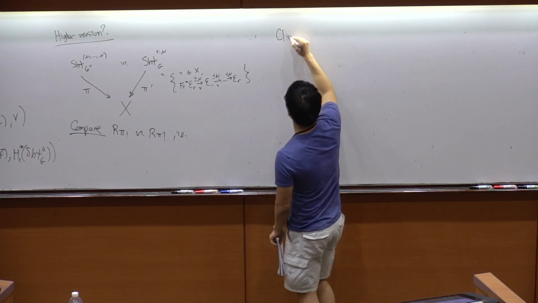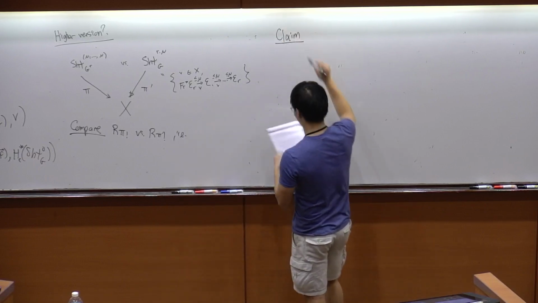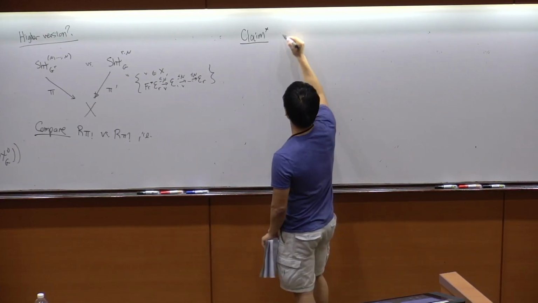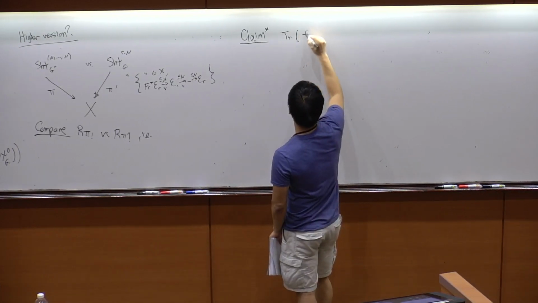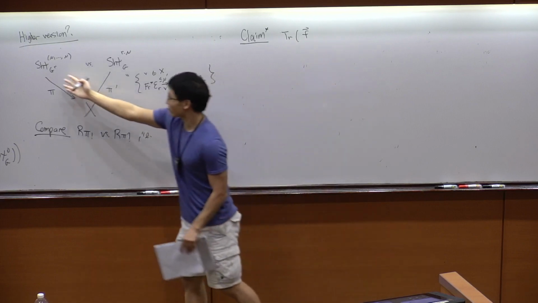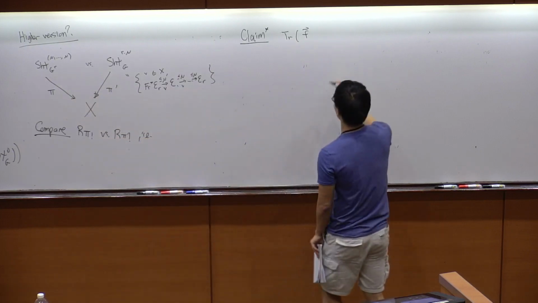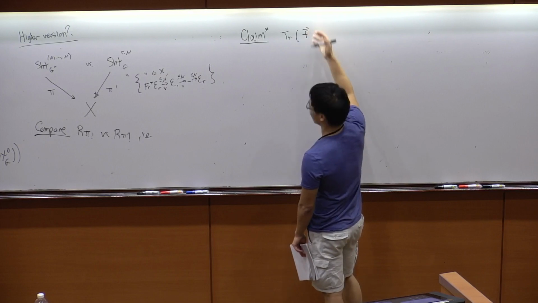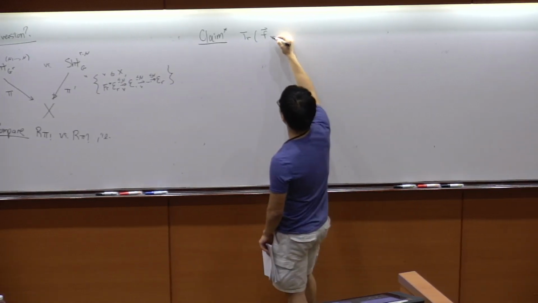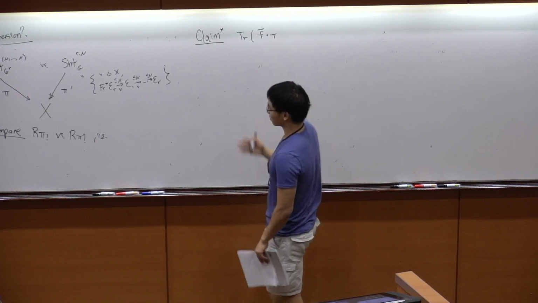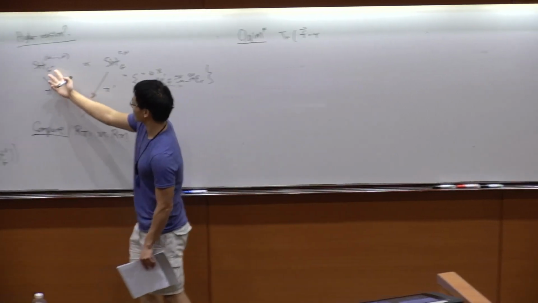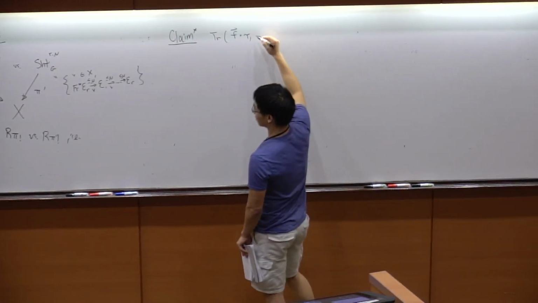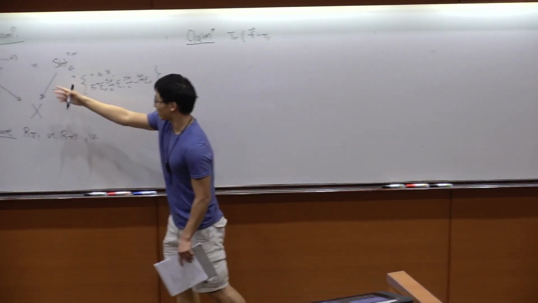i.e., we have the following claim, and I'm going to put an asterisk here. So the claim is that the trace of the Hecke algebra for G^r, of course, is just the r-fold tensor product of the individual Hecke algebras for G. So given a vector of Hecke operators for G, take the trace of this composed with the automorphisms of G^r given by cyclic rotation, on the cohomology of a fiber.